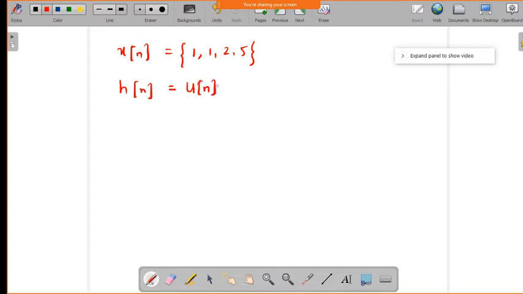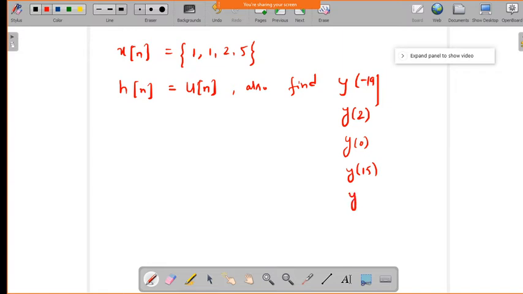Also find what is y of minus 19, y of 2, y of 0, y of 15, and y of 28. So find out these values after finding the convolution.